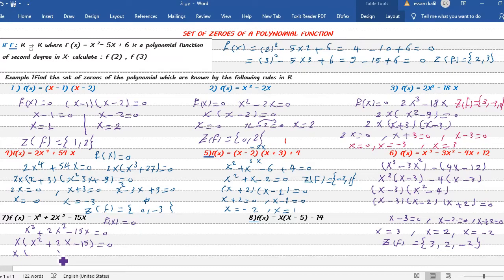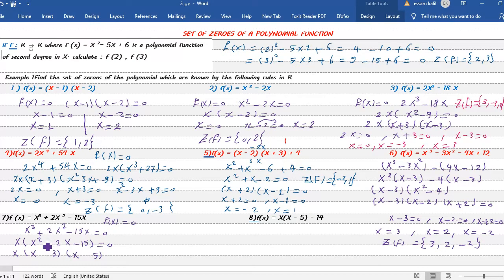Writing x, open two brackets. Factorization of x power 2: it becomes x and x. Find the product of two numbers equal to 15 and the difference between them equal to 2, so 3 times 5. What is the greatest number? 5.